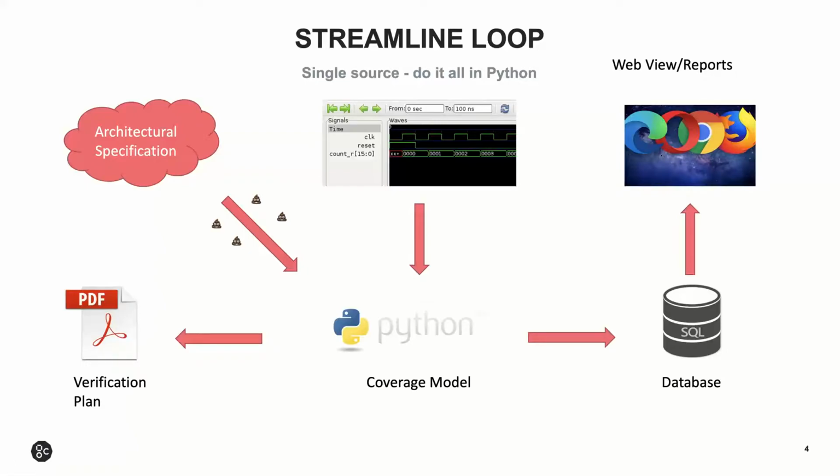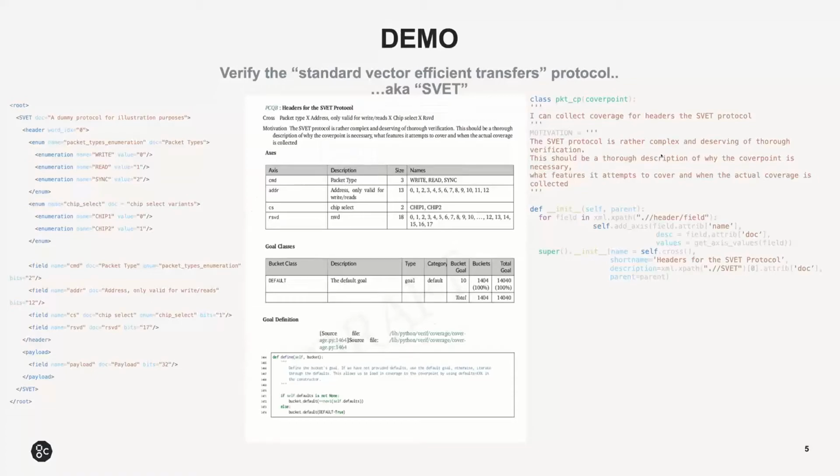There's loads I can talk about here in each individual step, but let's skip that for now. I've got a demo here, which I'll get back to at the end, and I won't go into too much detail just now because I don't have that much time. But what I've shown here is I've come up with an architecture for a protocol called Svet. What a coincidence.